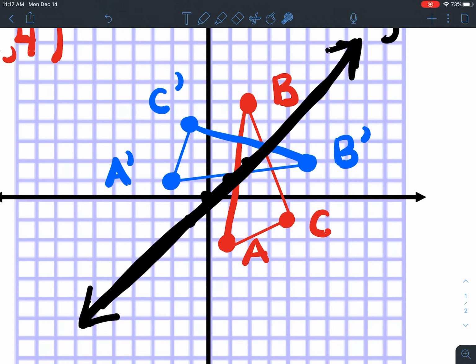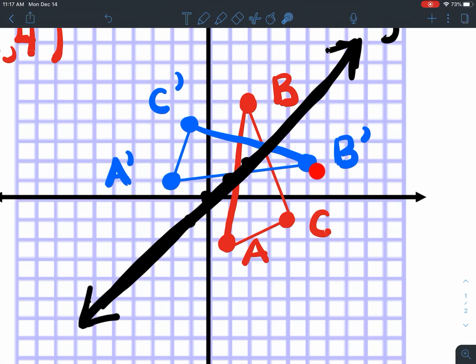Okay. Now again, it is a little bit hard to see, but if any of you are noticing, if you were to use the line y equals x as a line of symmetry, imagine that you were going to fold everything on this side of the line over against this side of the line here. It would kind of feel like this red part of the triangle that's up here might land right on top of the blue part of the triangle here. And everything that's on the red part of the triangle down here, if we were to fold on the black line, it would land directly on top of this part here.